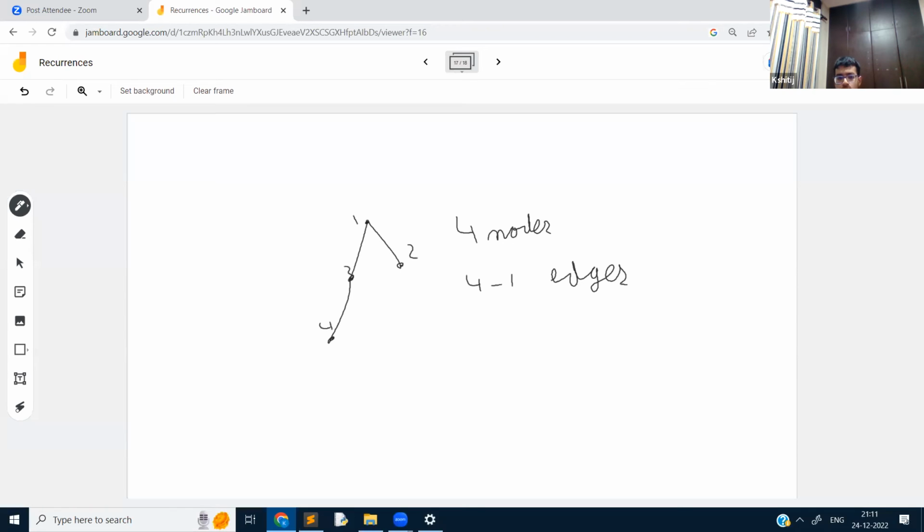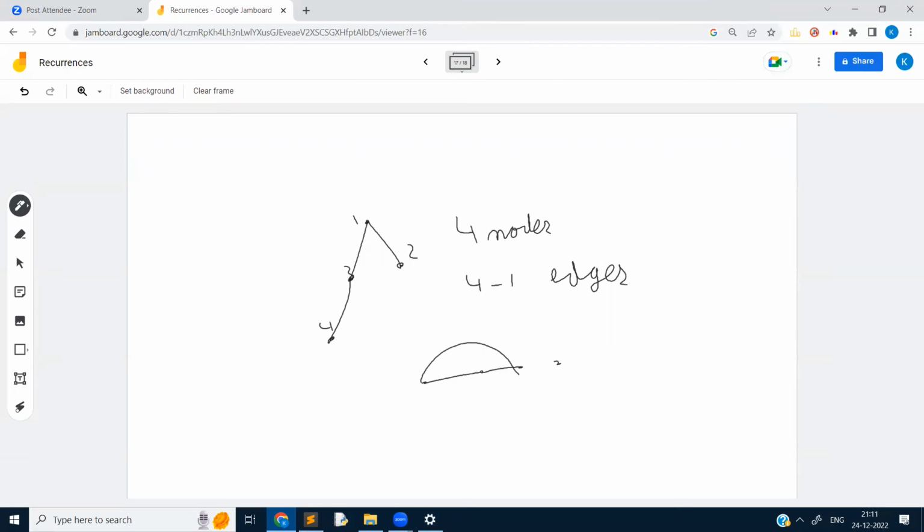For example, we can reach all the nodes. This is another graph. It also has 4 nodes and 3 edges, but it's not a tree since it's not connected. Also, there's exactly one path from each node to any other node. So I hope I'm clear here.